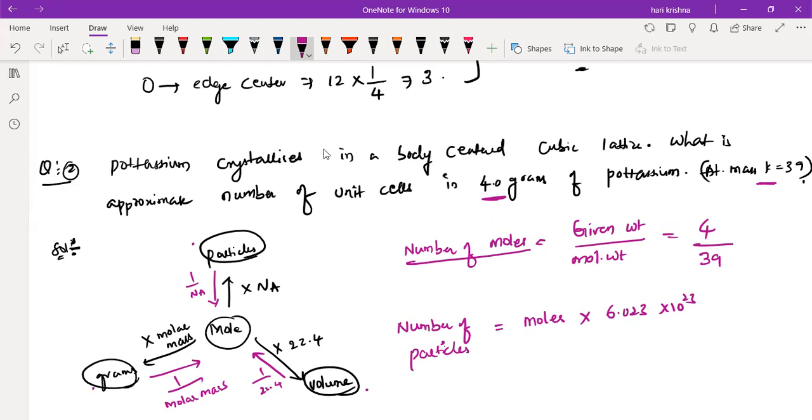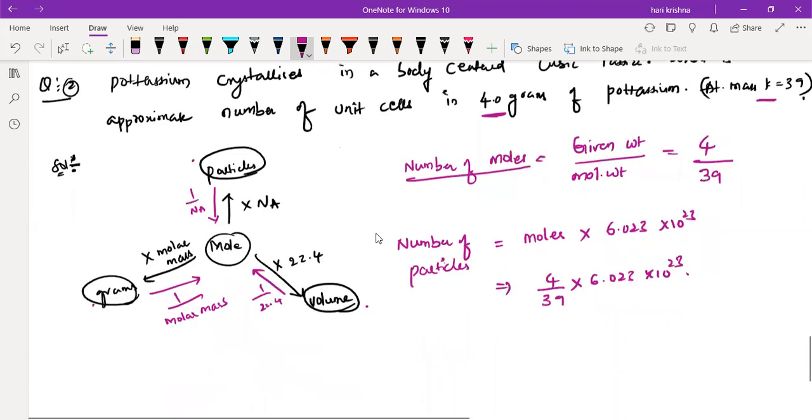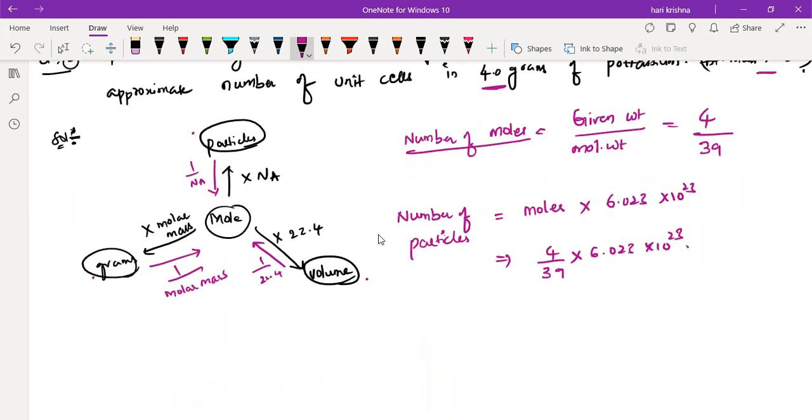So the mole value here is 4 by 39 into 6.023 into 10 power 23. These are the number of particles, but each BCC unit cell will have 2 particles, right? BCC is equal to 2.